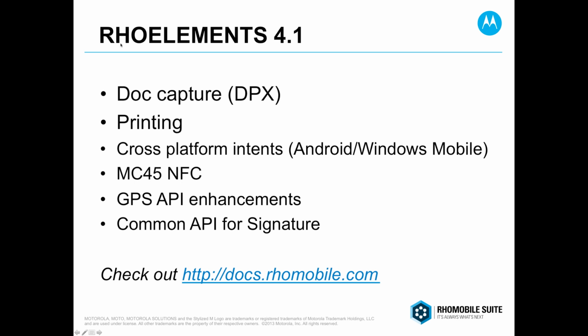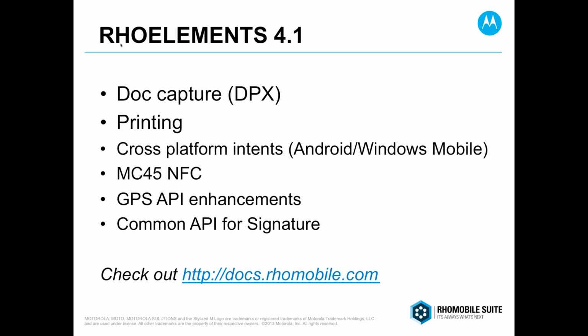So with that, let's talk about what's new in RhoElements 4.1. There's an exciting new capability called document capture, also known as document processing extensions. We provide printing in this release for Zebra printers, but an API that will support other printers as well.